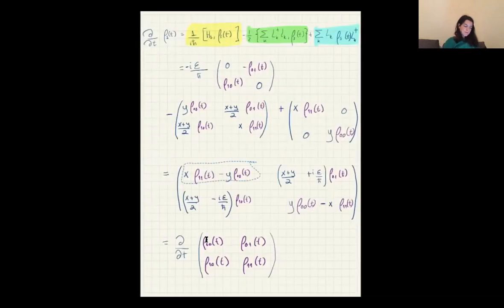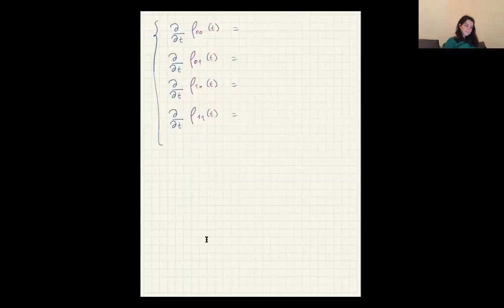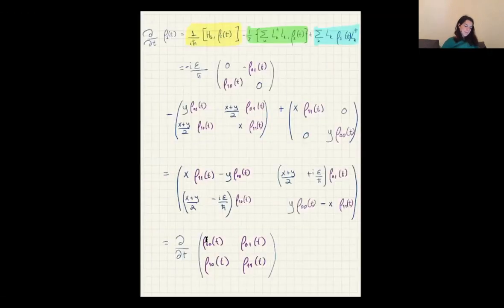So there you go, this for the first term. We got this for the second term.